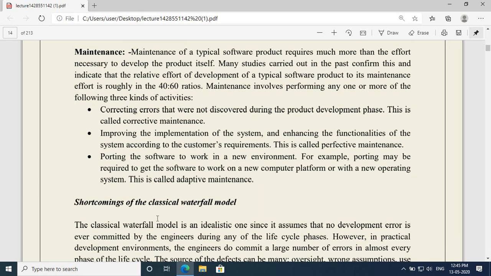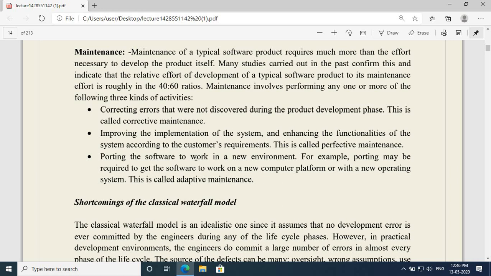The last phase is maintenance and implementation. Maintenance of a typical software product requires much more effort than is necessary to develop the product itself. Whenever we develop and implement the product, as years go on, we must maintain the software. Maintain means correcting errors, improving the implementation, and porting the software.